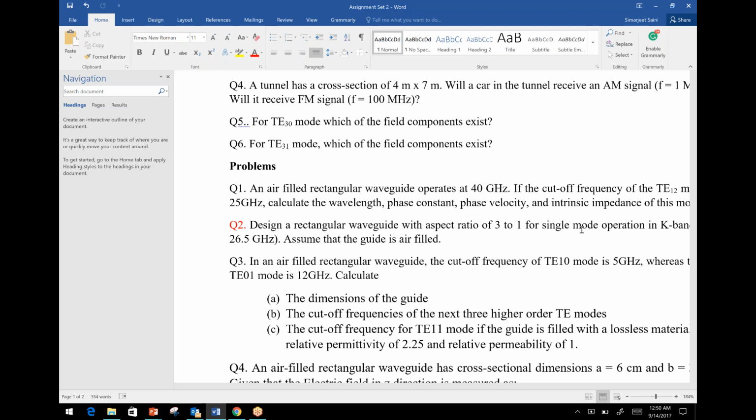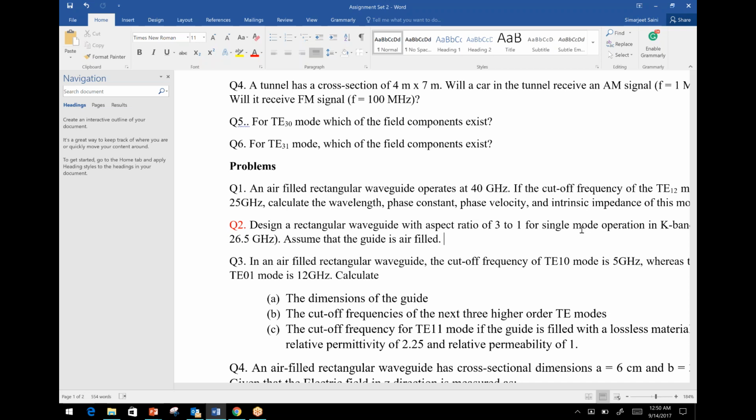Then, because it has to operate as a single mode up to at least 26.5 gigahertz, the cutoff frequency for the second mode has to be 26.5 gigahertz.